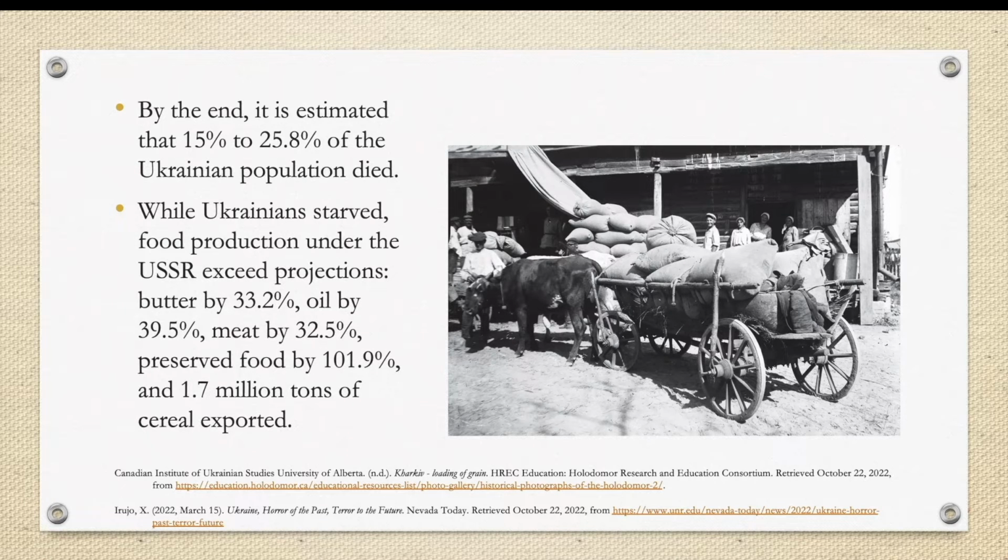Butter by 33.2%, oil by 39.5%, meat by 32.5%, preserved foods by 101.9%, and 1.7 million tons of cereal was exported. This is an image of them loading grains onto a carriage, and those grains are going to be exported.